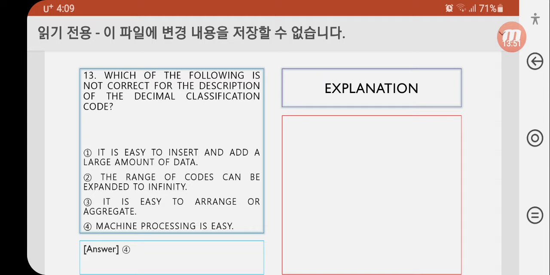Correct answer. Number 2, the range of codes can be expanded to infinity. Yeah, good answer. Number 3, it is easy to arrange or aggregate. The others are correct answers, but machine processing is easy is not a correct answer.